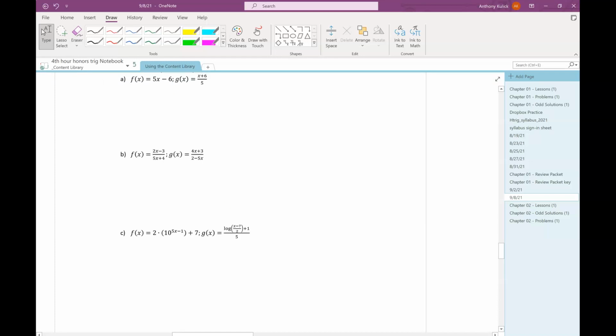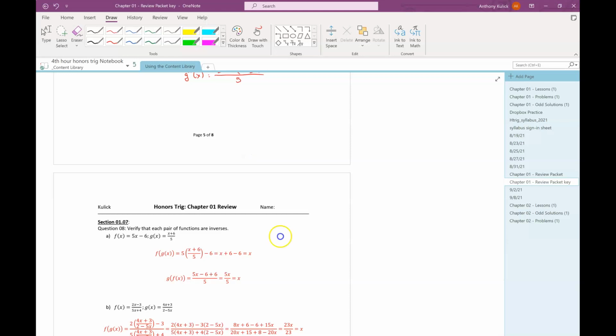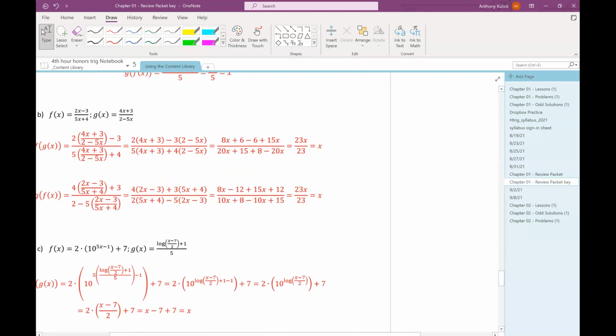So I guess the first step that you have pulled up on the answer key. Let's just look at the answer. And then for the second step, I'm kind of confused how you multiply 2 times 4x plus 3 and then negative 3 times 2 minus 5x. So I multiplied the top and bottom of the fraction by 2 minus 5x. So right here, I multiplied that by 2 minus 5x over 2 minus 5x.